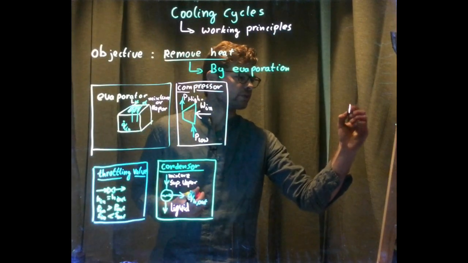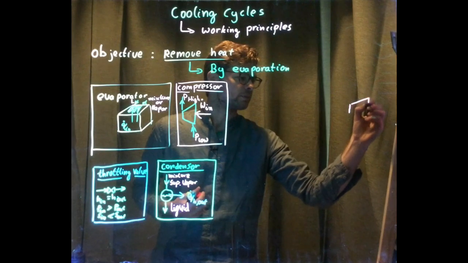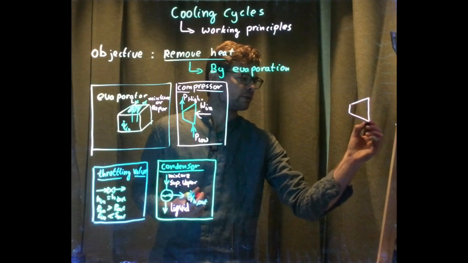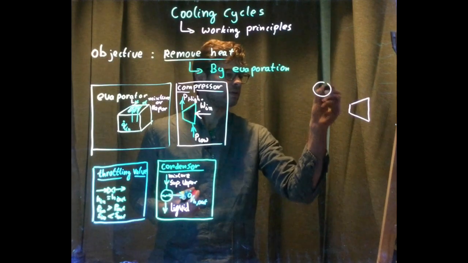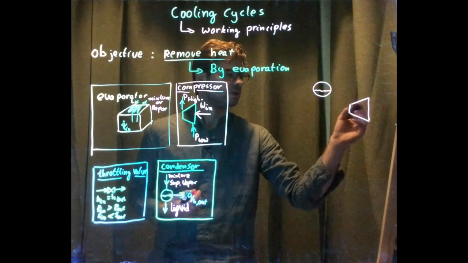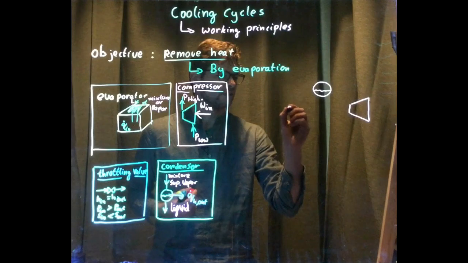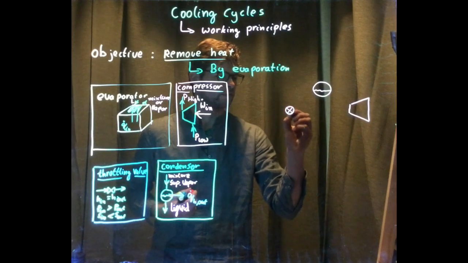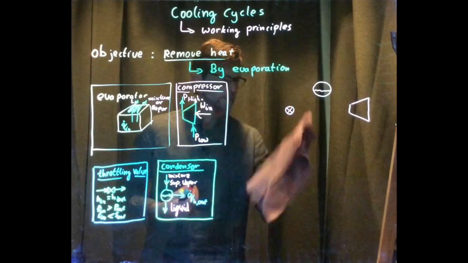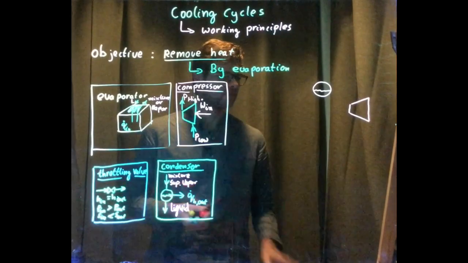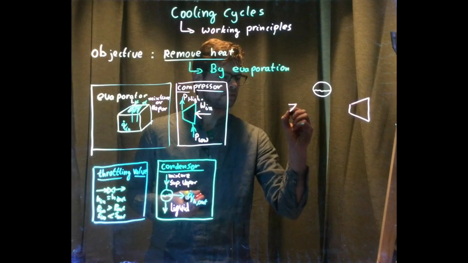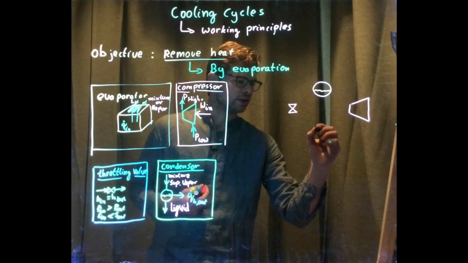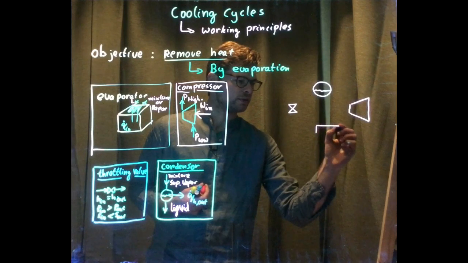So I'll start with the compressor over here. After the compressor I have my condenser, and after the condenser I will have my throttling valve. There's a light bulb on my throttling valve that looks like this. Throttling valve, and over here I have my evaporator.